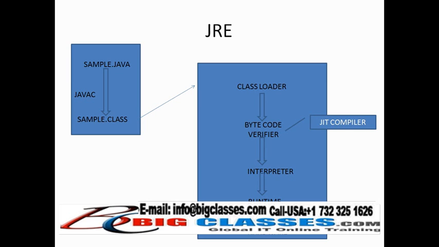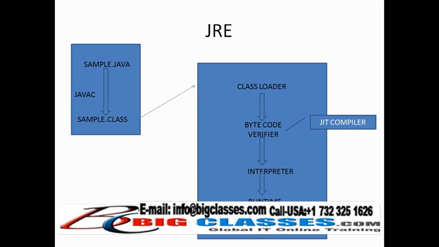After verifying this bytecode, something called the JIT compiler, which is present in the JRE, compiles it. After it is compiled, it is again interpreted to recheck for runtime errors. If there are errors, it shows in the hardware. If there is success, it shows in the hardware.